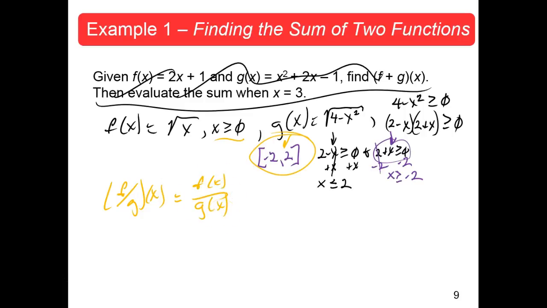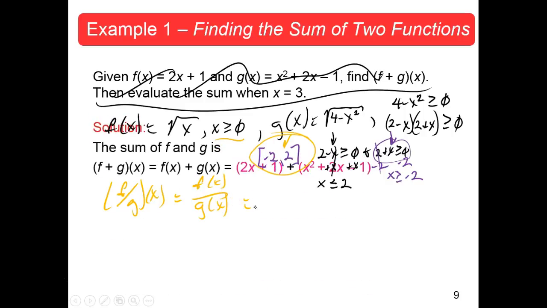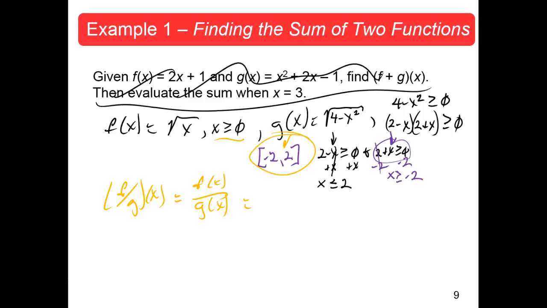Once you get to this part, it's really easy. You just plug in what f of x is: the square root of x, over what g of x is, the square root of 4 minus x squared.